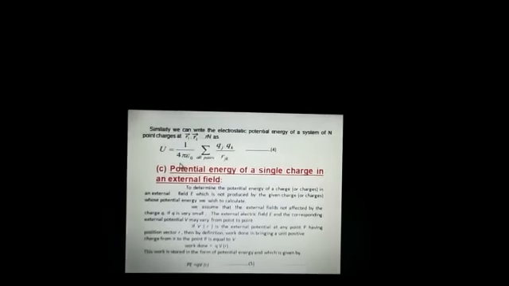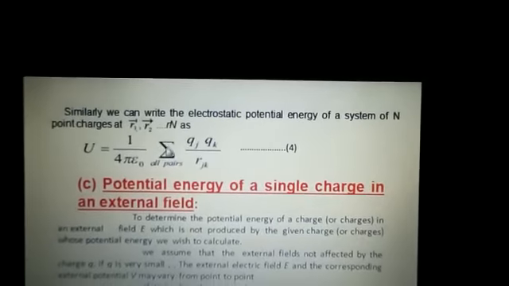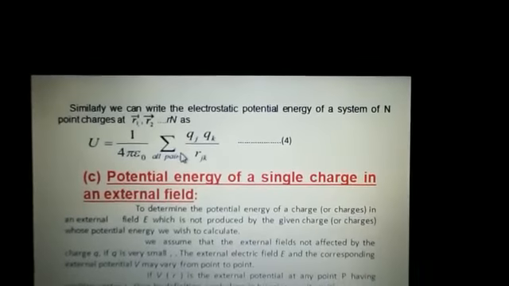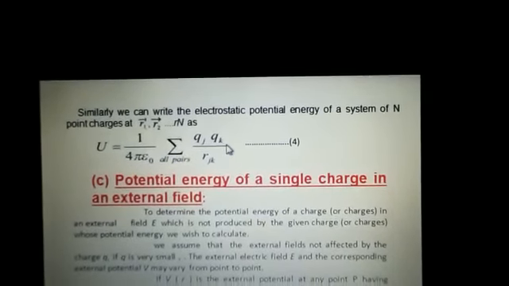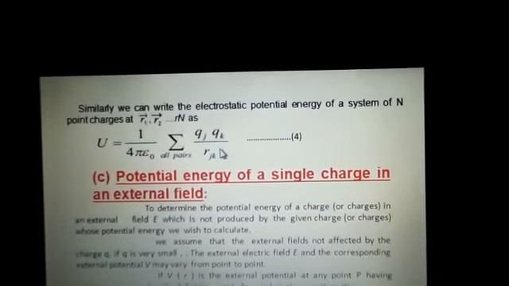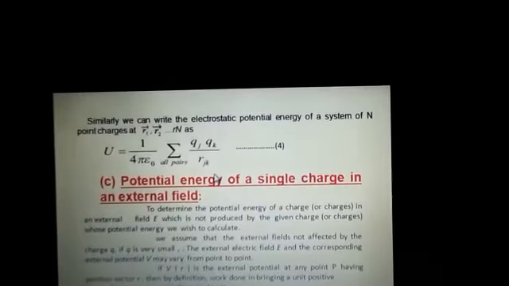In general, we say that the total energy U is equal to 1 upon 4 pi epsilon naught times the sum over all pairs of Qj Qk upon rjk. Call this equation number 4.